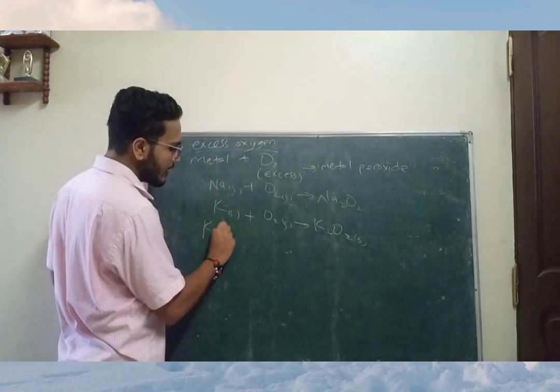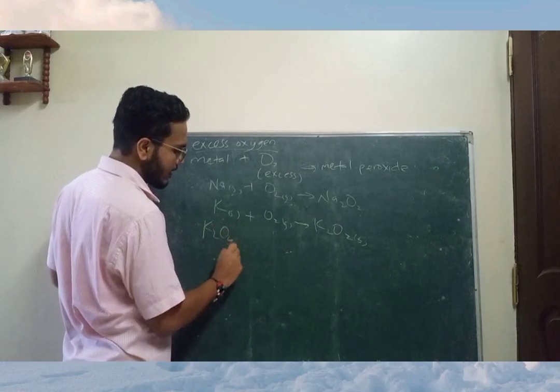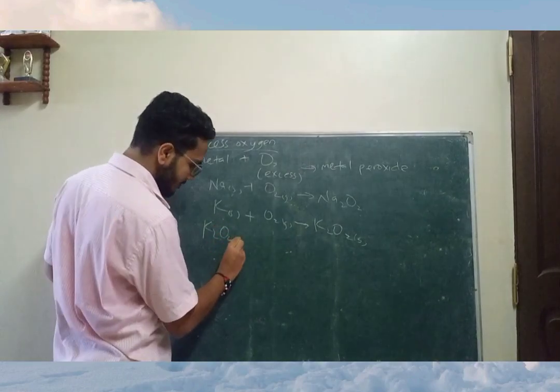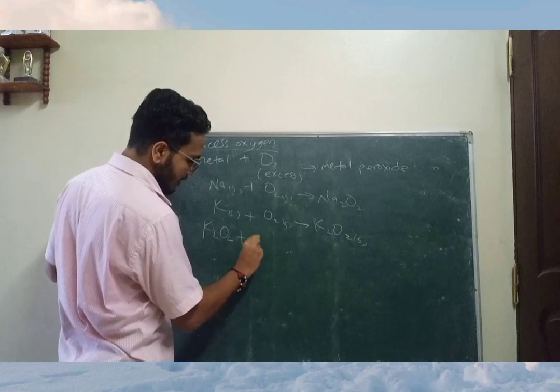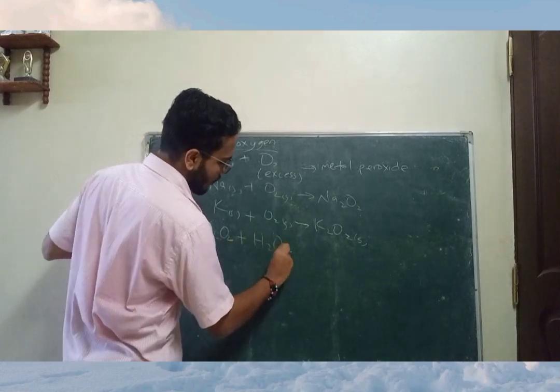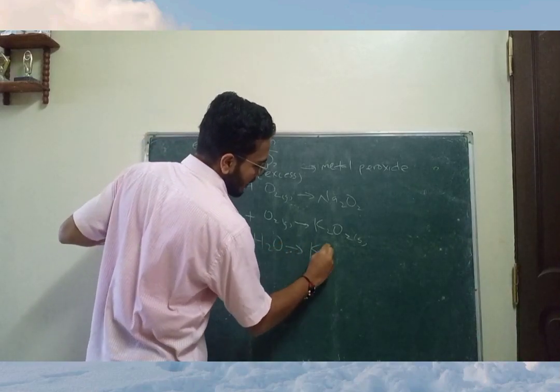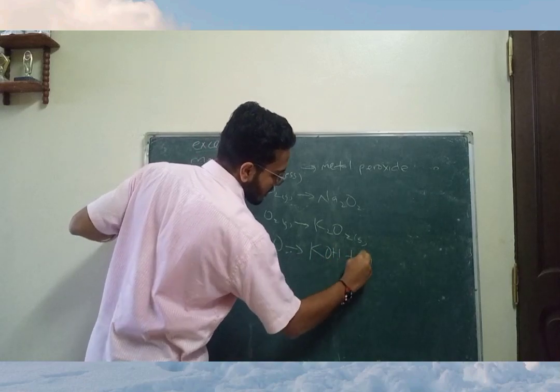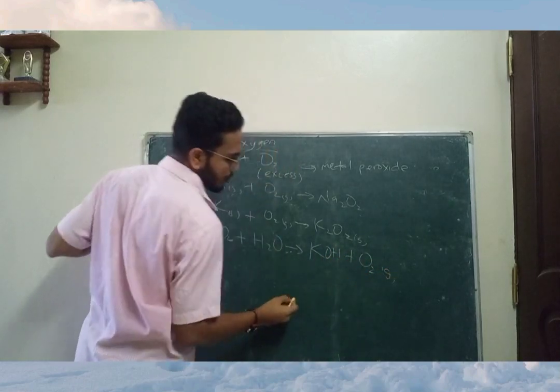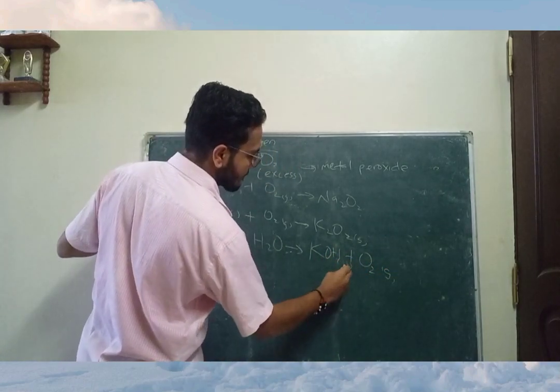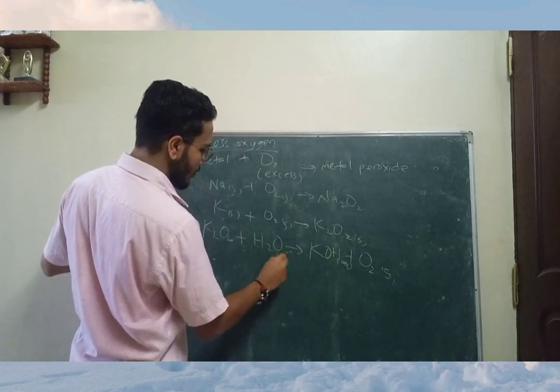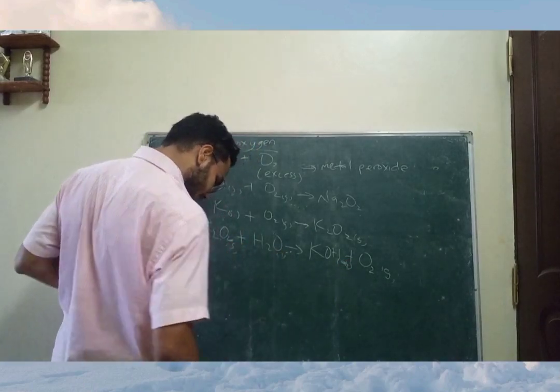So alkali metal peroxide K2O2 reacts with water to form KOH plus oxygen gas. You can put state symbols over here, aq, liquid and solid.